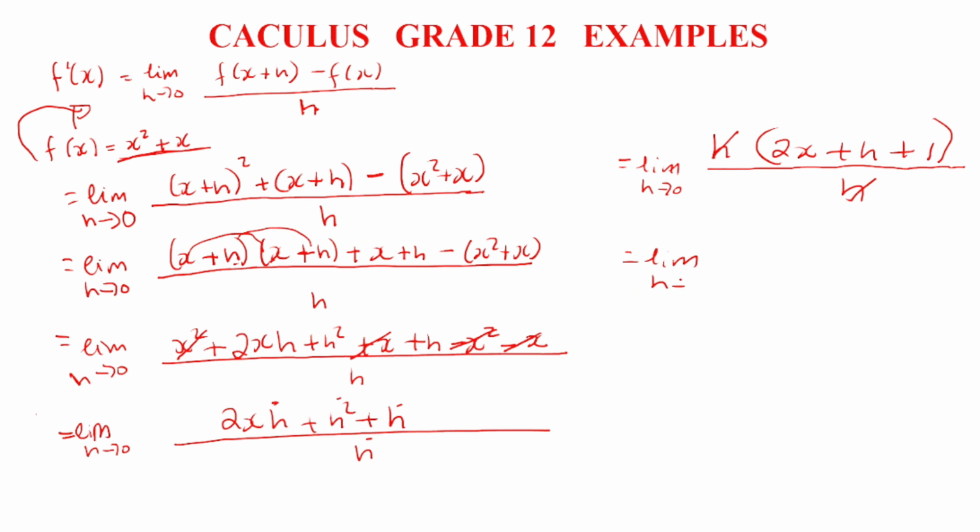Lim when h approaches 0, you're going to be left with 2x plus h plus 1. All right, so now h has approached 0, so I'm going to be left with 2x plus 0 plus 1, which is therefore going to give us 2x plus 1.